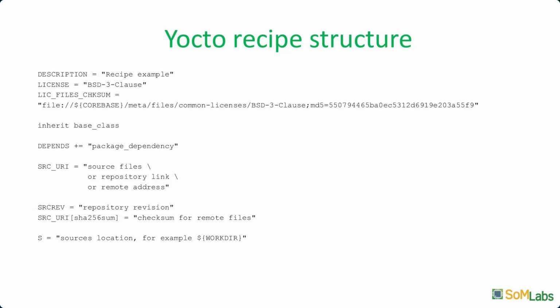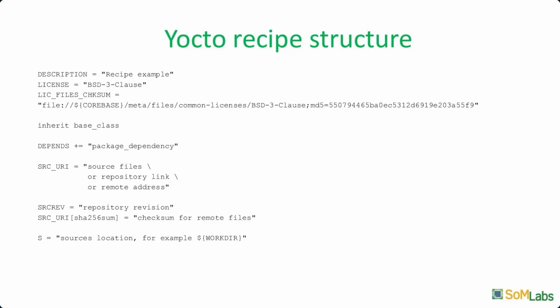As I mentioned before, it's optional. We do not need to inherit anything. We may use some base class procedures. Then we need to define dependencies, if there are any, to tell BitBake and Yocto what needs to be built before our own package. If we need some other header files or libraries, we need to tell BitBake that something needs to be built before our own package.